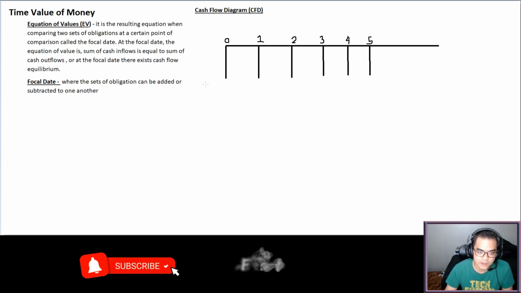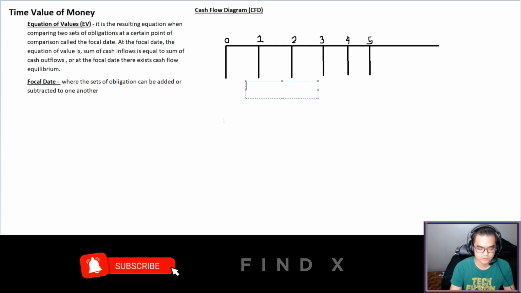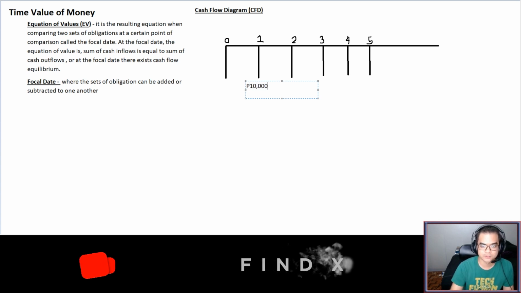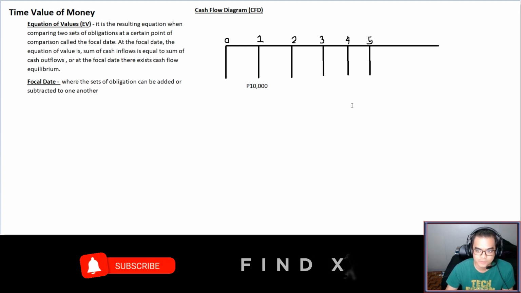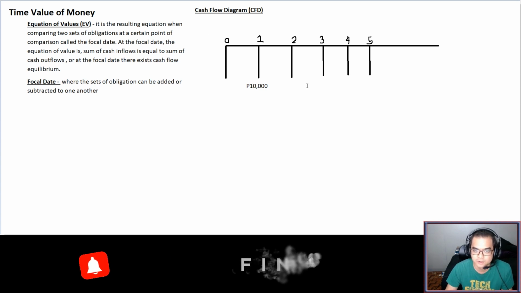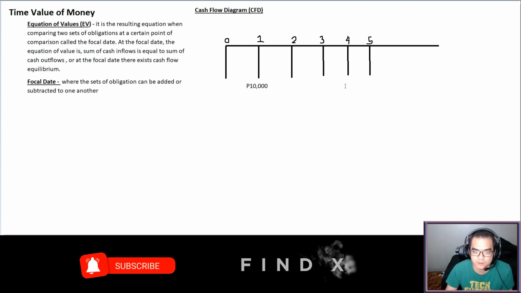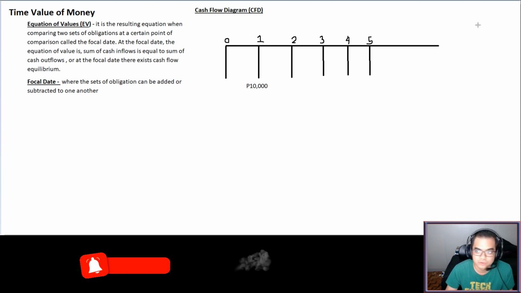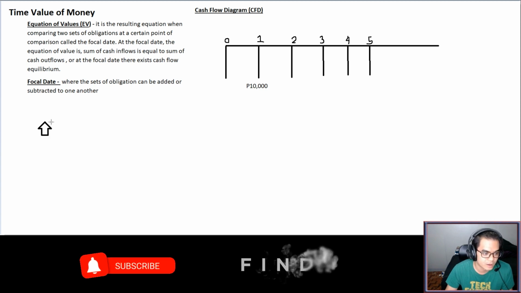Let's say that at the first year we have 10,000. For me, my standard is that all the arrows going down are my expenses and all my arrows going up are my income.